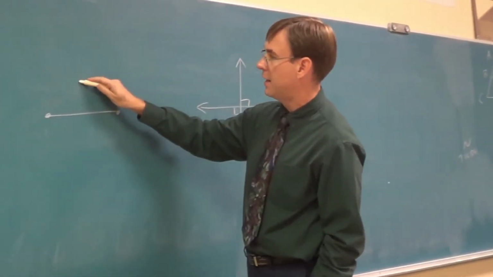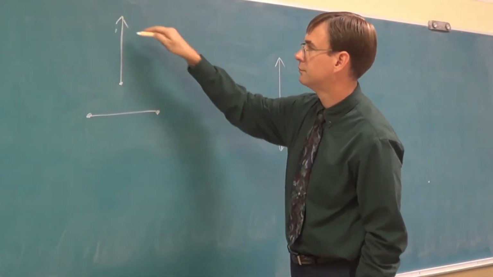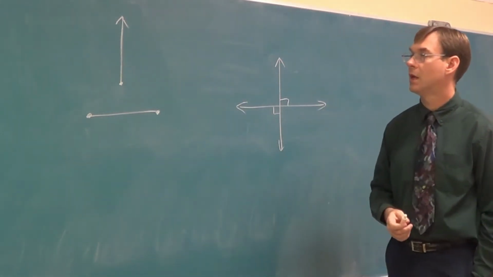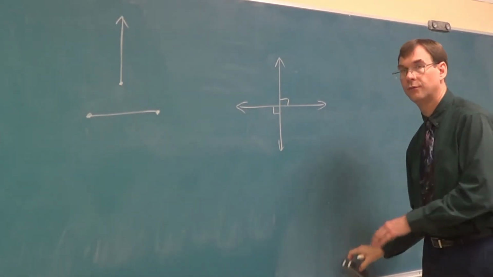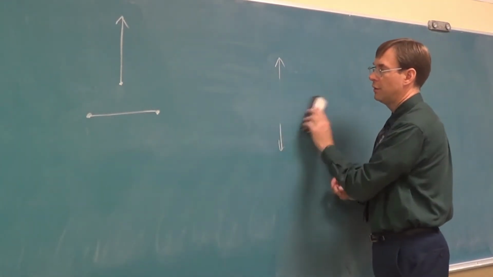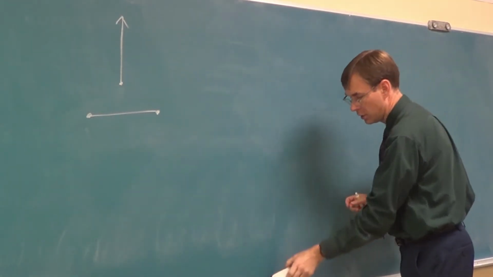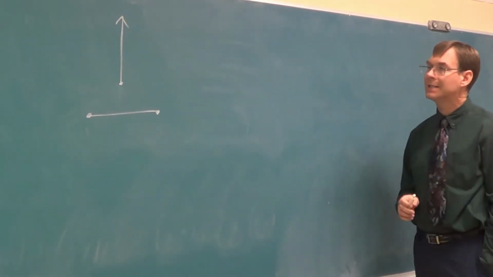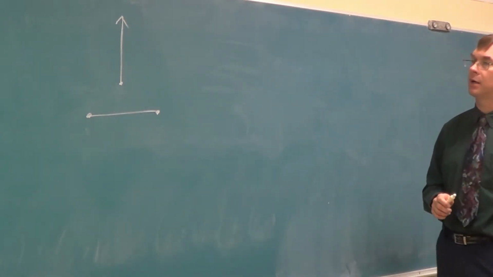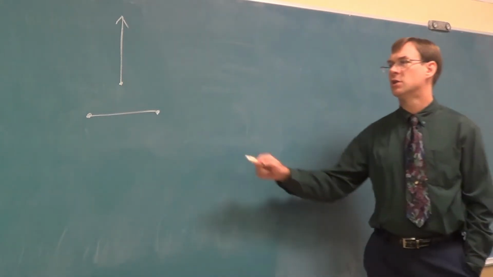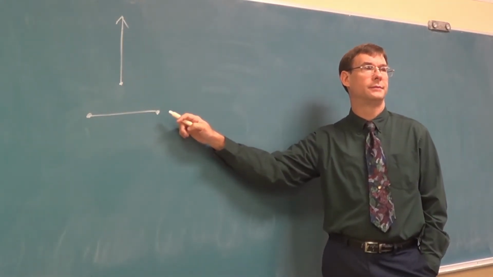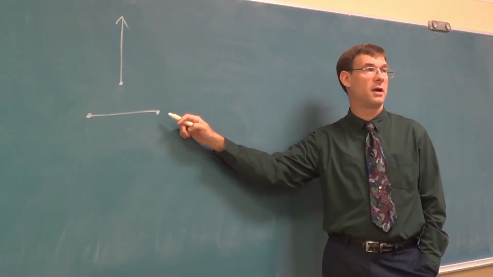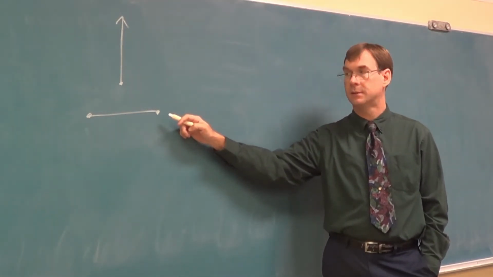So if I draw this, what's the points? Rule 1 was each one has to be a line, ray, or segment. Rule 2, they have to intersect. Rule 3, the lines containing them are perpendicular. So I draw this picture. Does that obey rule 1? Is each one a line, ray, or segment? Yes.